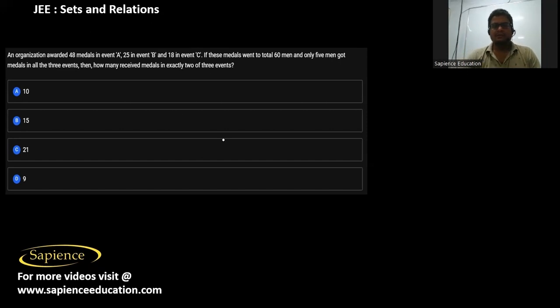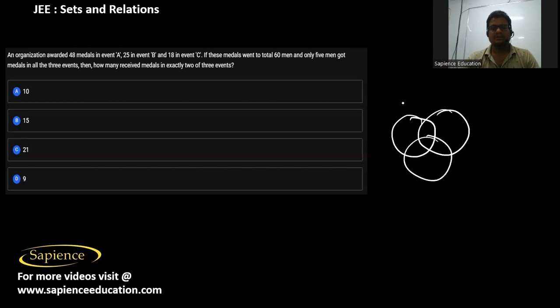Okay. So these medals went to a total of 60 men. Therefore we have set A, set B, and set C. Let's say this region is a, this region is b, this region is c, and the overlapping regions are x, y, z, and p, suppose.